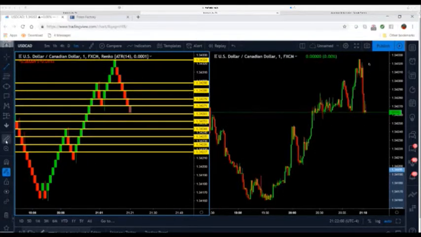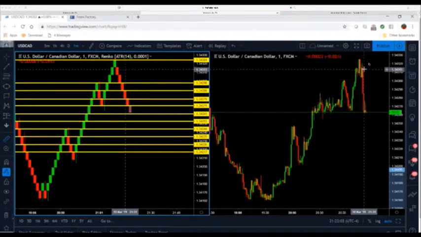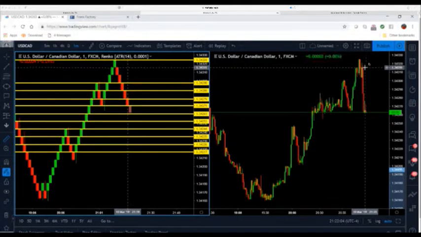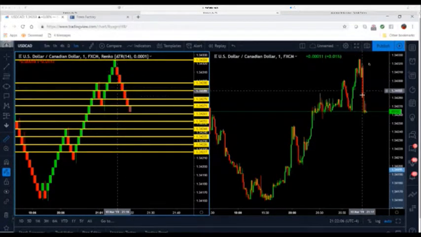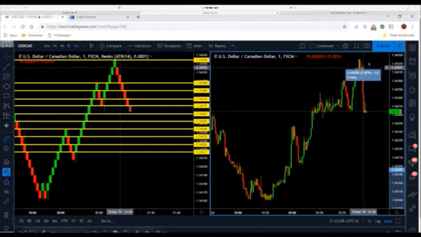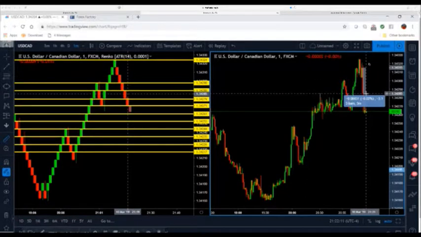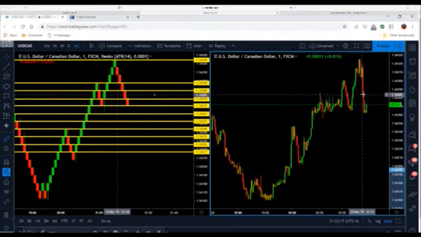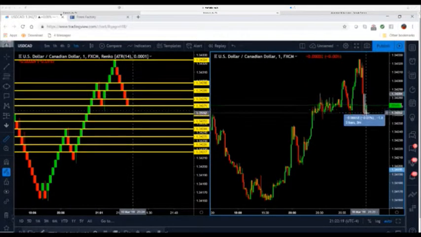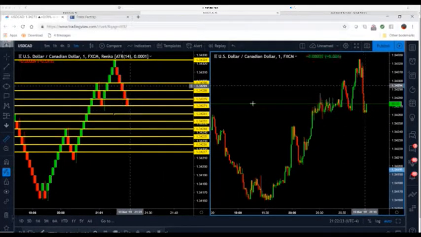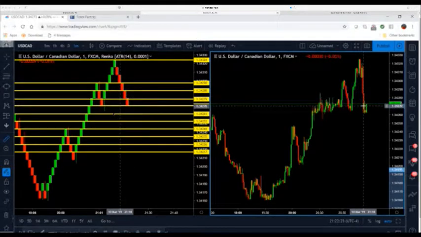So what I mean is this candlestick right here, this long candlestick, was about 3 pips. The next candle was about 2 pips. As you guys can see here, different volume of candlesticks, different sizes.